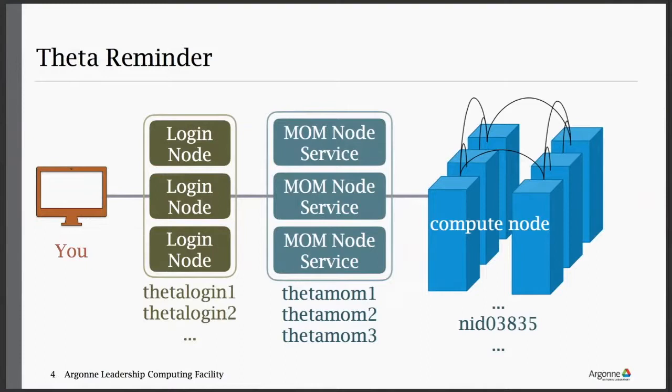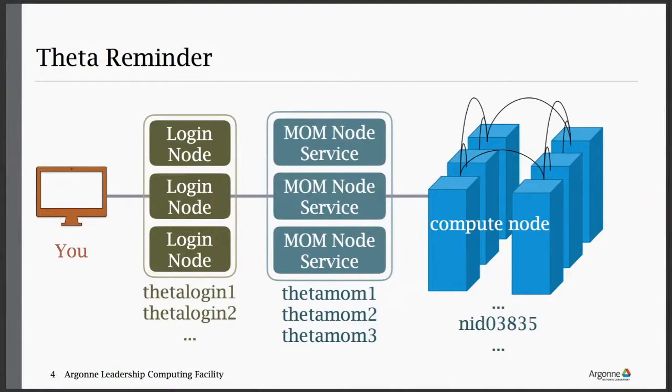You connect to the login node, and submit jobs through the Cobalt job manager, and the Cobalt job will launch your aprun command on the mom node. If you submit a script job, the script will run on the mom node, and any additional aprun will send your actual, usually MPI, jobs over to the compute nodes.